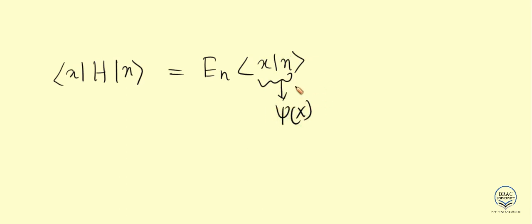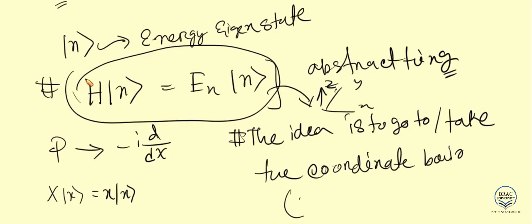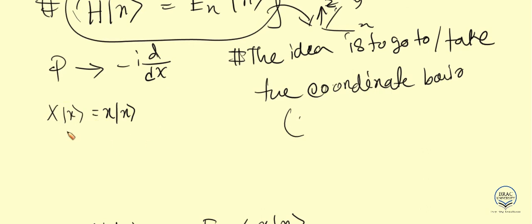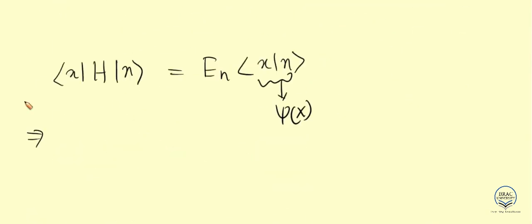So let's accept this. Because x is acting from the left, we will get this representation. This p will be represented by this d/dx, and this x will be represented by x.